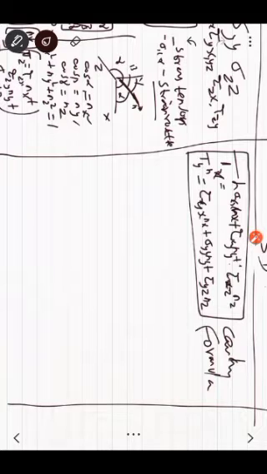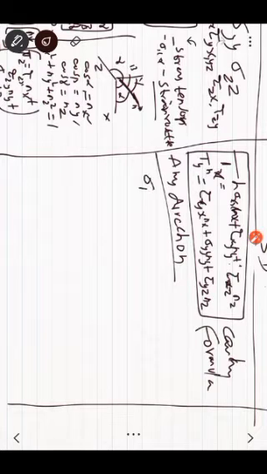So now if I want the stress in any direction, what will it be? That can be written as sigma n.